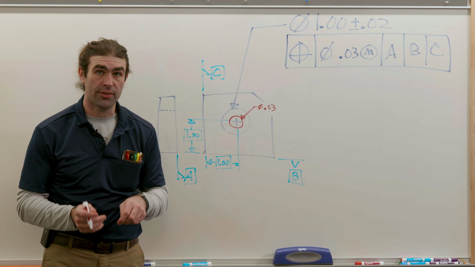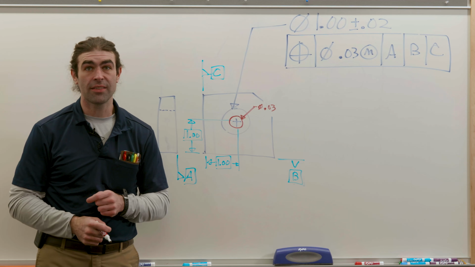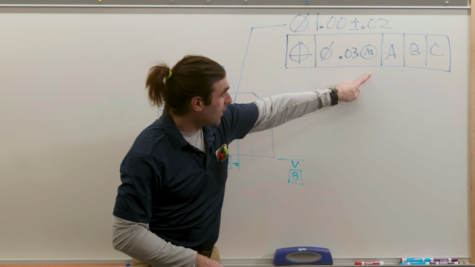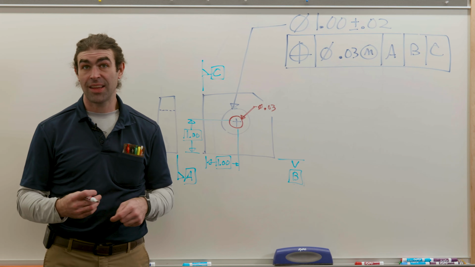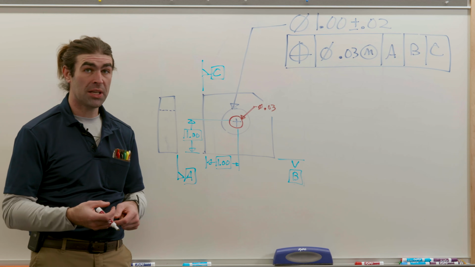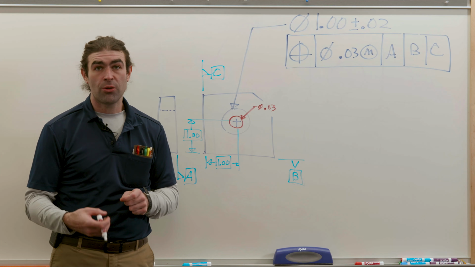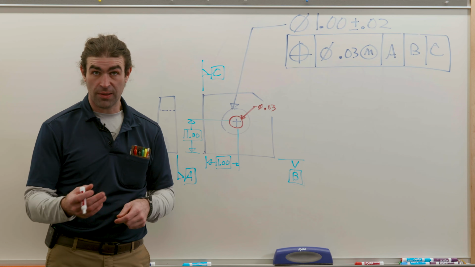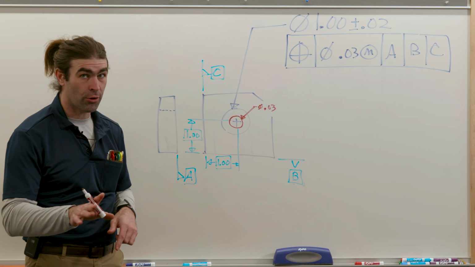That's where the axis of this hole must lie. Next, we have a material condition modifier. In this case, it is MMC. This just means that as this hole gets larger, more locational or positional tolerance is allowed. And I'll put a card up. I made a whole other video about it. We'll just gloss over it for now.